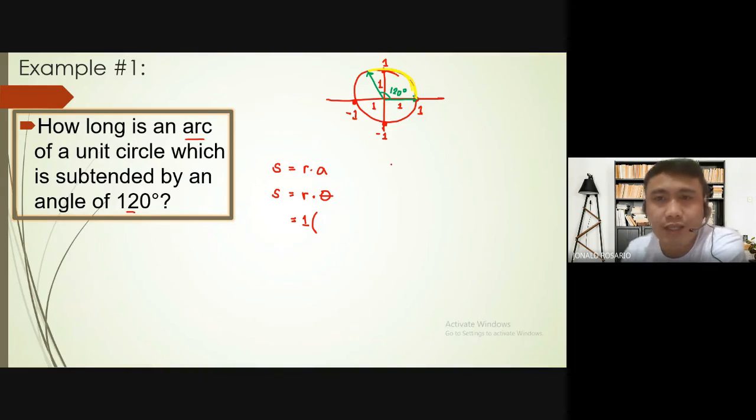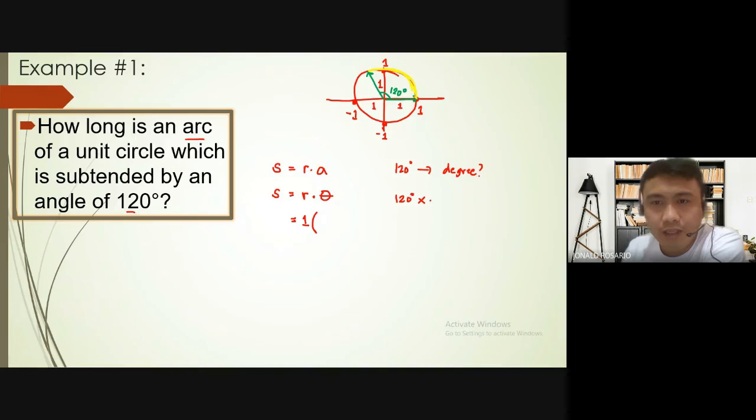But before that, kailangan muna nating i-convert sa radian itong ating angle given in degrees. Kasi nga, we are looking for the length of the arc. So instead of using 120 degrees, we are going to convert that. So 120 degrees, convert natin sa radian.